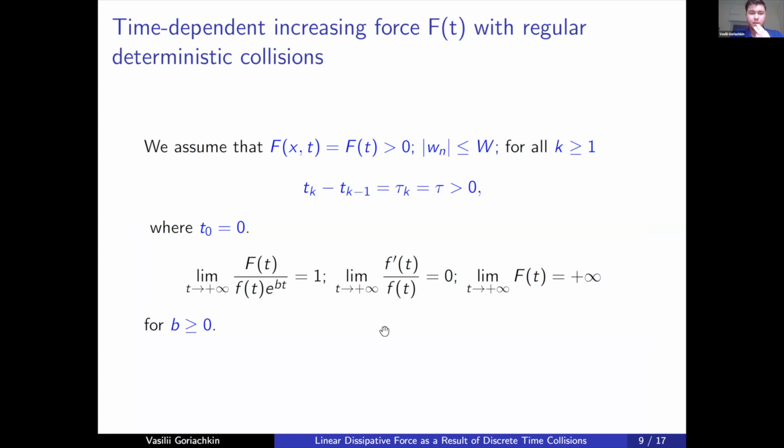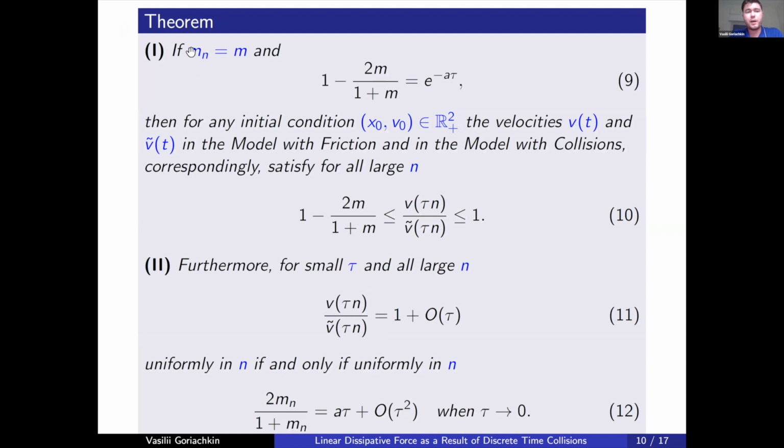Okay, and here we have a theorem that if we take masses of external particles the same, equal to m, and also if we have this equation for masses m and tau, then for any initial conditions, the velocities in the model with friction and the model with collisions satisfy the following inequality 10.